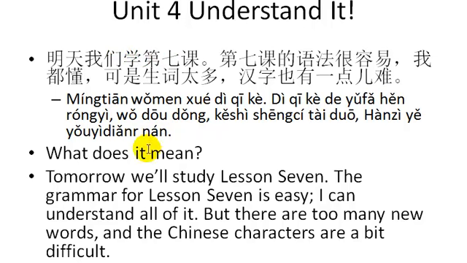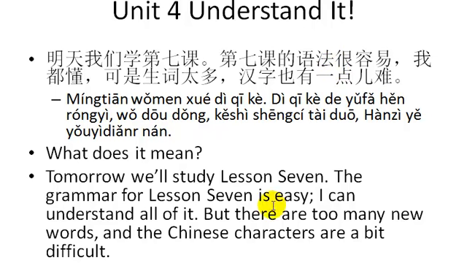Okay, then we have the grammar for lesson 7 is easy. 第七课的语法很容易. Okay, and here they're using the 的 as a possessive, right? The grammar of lesson 7. Remember this 的 makes it possessive. 我的电话, my phone, right? This is 第七课的语法. It's lesson 7's grammar. Okay, not lesson 6's grammar, it's lesson 7's grammar. 第七课的语法.